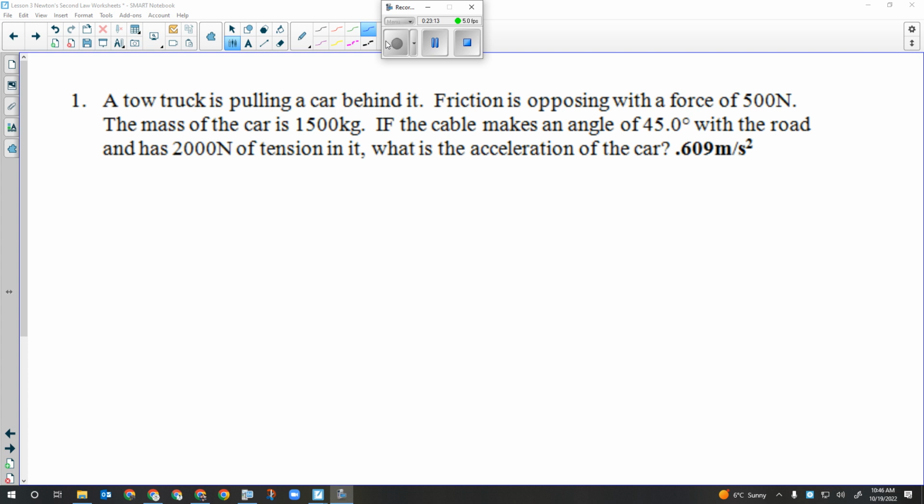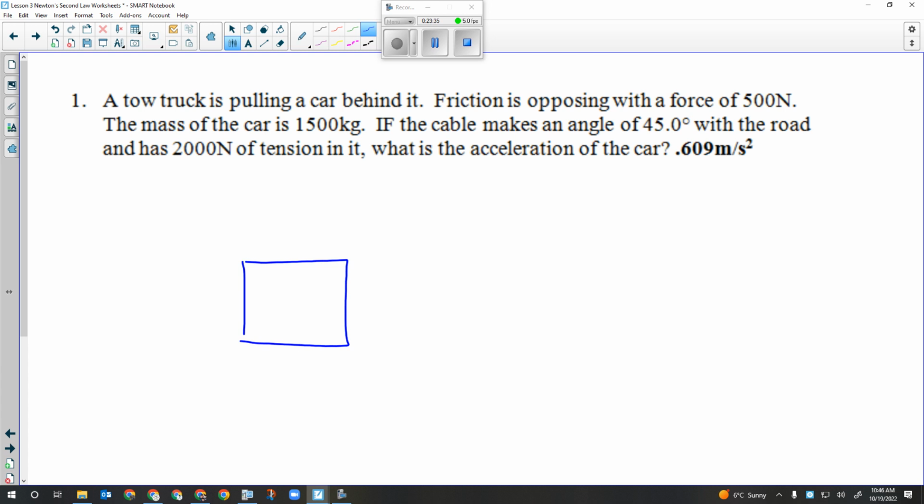So for our first one, a tow truck is pulling a car behind it. Friction is opposing with a force of 500 newtons. We have to assume that the road is level, and that this car is moving just forwards. It might not be pulled straight forwards, but it's only moving straight forwards. So here's the car.